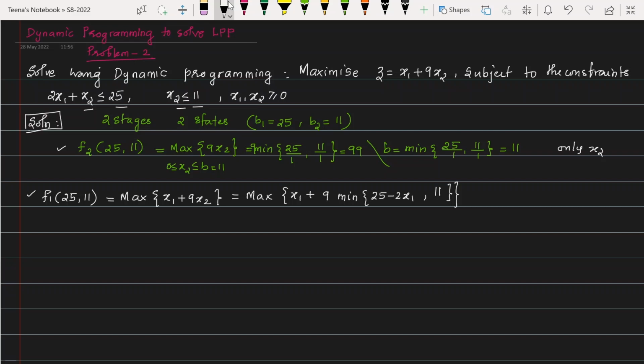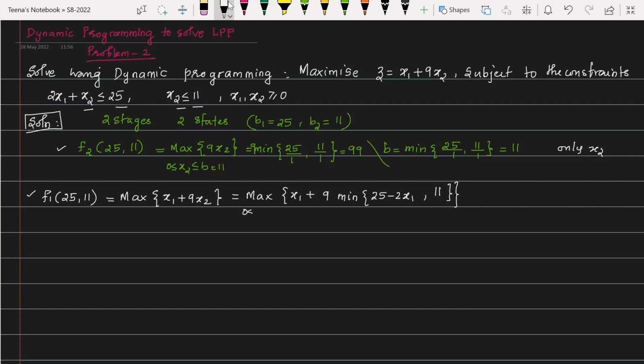We rewrite that minimum as the minimum of 25 minus 2x1 and 11. In the second constraint we don't have any x1 coefficient, therefore 11 is enough for the second value. Hence we have this maximum ranging over the different possibilities defined as a function of x1.